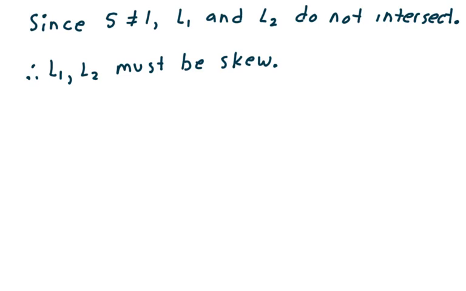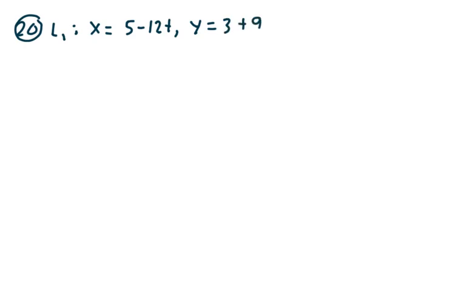If we take a look at problem 20, suppose L1 is given by the parametric equations x equals 5 minus 12t, y equals 3 plus 9t, and z equals 1 minus 3t.